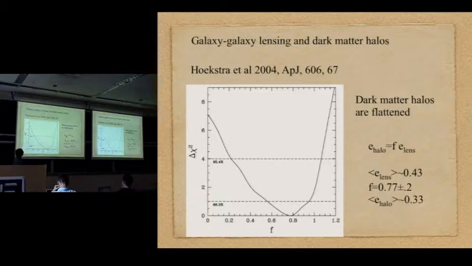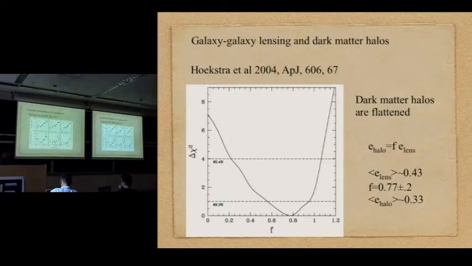If you look at the ellipticity of the dark halo as some function f times the ellipticity of the lenses, which one can measure from the images, and do the fit, one finds that this multiplication factor is of the order of 0.7, 0.8 or so, which makes the average ellipticity of the halo above 0.33, since this is what's measured and this is what's derived from lensing. And you can basically rule out a spherical halo, f equals 0, at a very, very high significance.